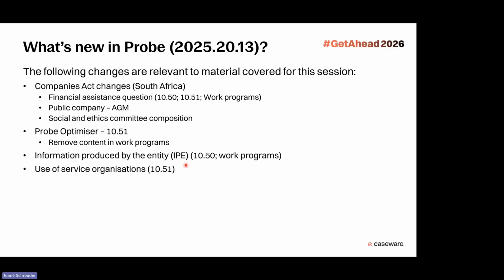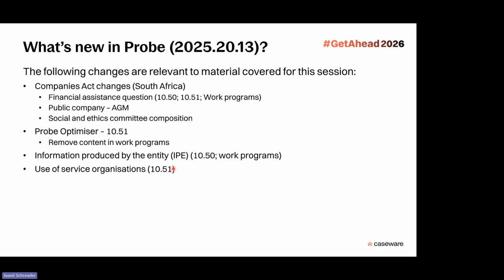And then the last thing that's new is specifically additional prompts for service organizations. So again, in our case study, we said we're not going to use service organizations, but if your client uses service organizations for preparing information that ultimately goes into the financials, let's say, for example, they use an external service provider to process payroll, and that information then comes back to the business, and they basically just process the payroll through journal entries.